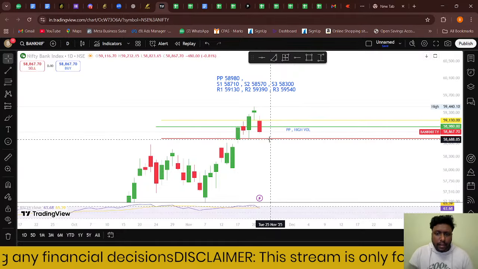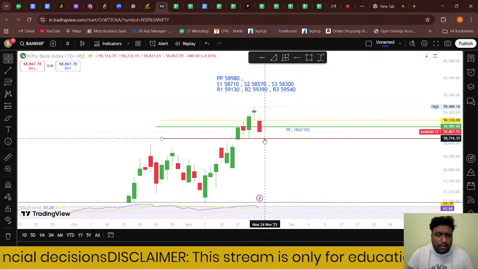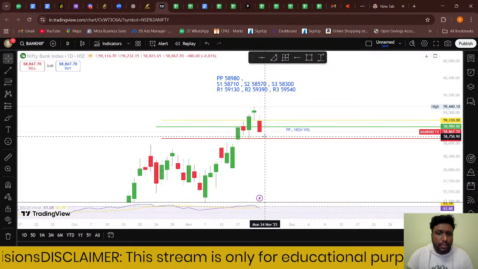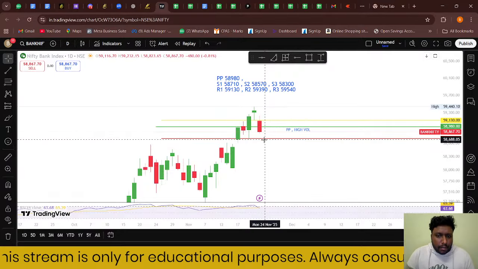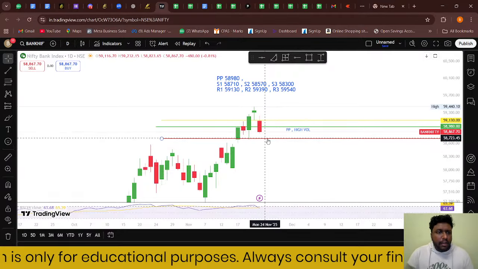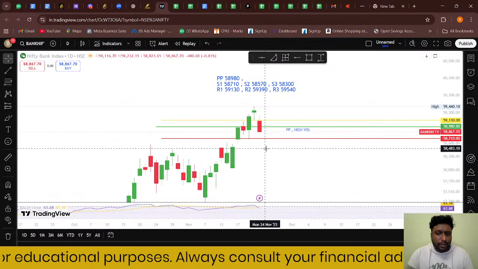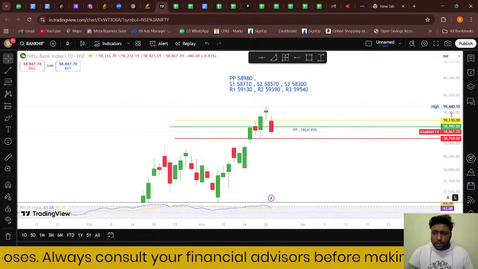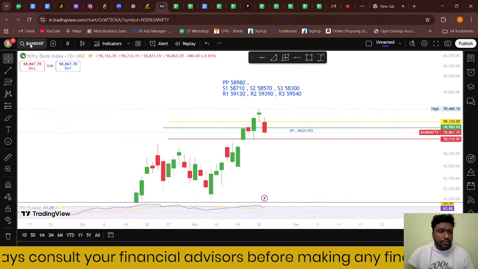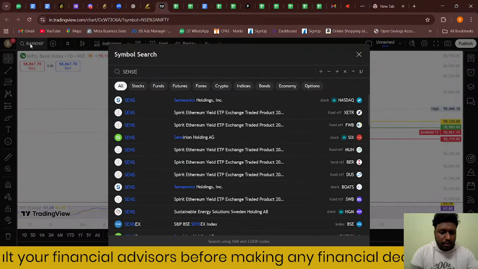If it's something like that, you can either trade a reversal from here, or wait for the breakdown to happen and plan a trade from this point to the second support and support 3 if the sentiment is bearish. So we will wait for that, and we will move on to Sensex for now.